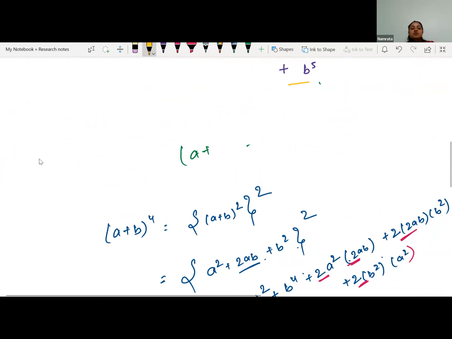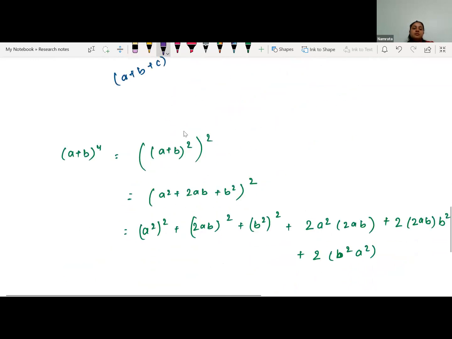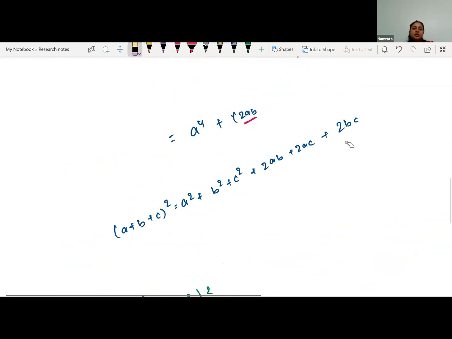So if you will focus on Pascal's triangle over here, from here also you will be getting the same only. Here we just have to do a bit of calculation.